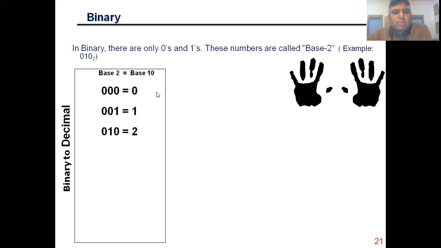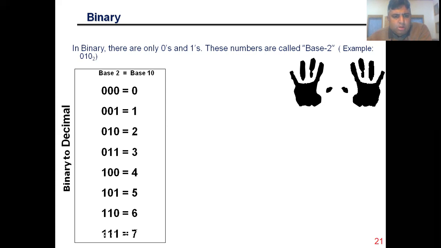This conversion can be done by dividing a number by 2 repeatedly. Next, 011 is equivalent to decimal 3, 100 is decimal 4, 101 is decimal 5, 110 is decimal 6, and 111 is decimal 7.